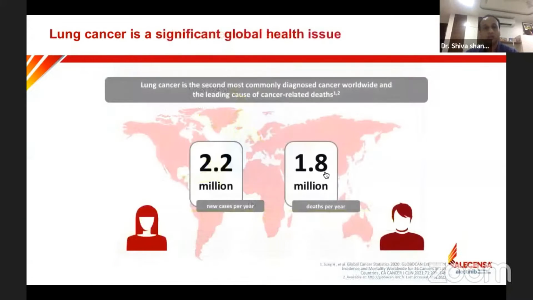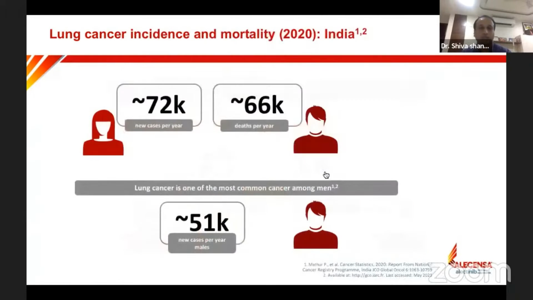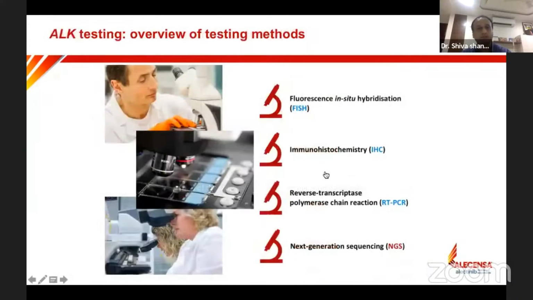Across the globe, roughly 22 lakh cases of lung cancer are diagnosed each year, and around 18 lakh patients die due to lung cancer each year. In our own country, India, roughly 72,000 cases were diagnosed in 2020 alone, and roughly 66,000 deaths were due to lung cancer.